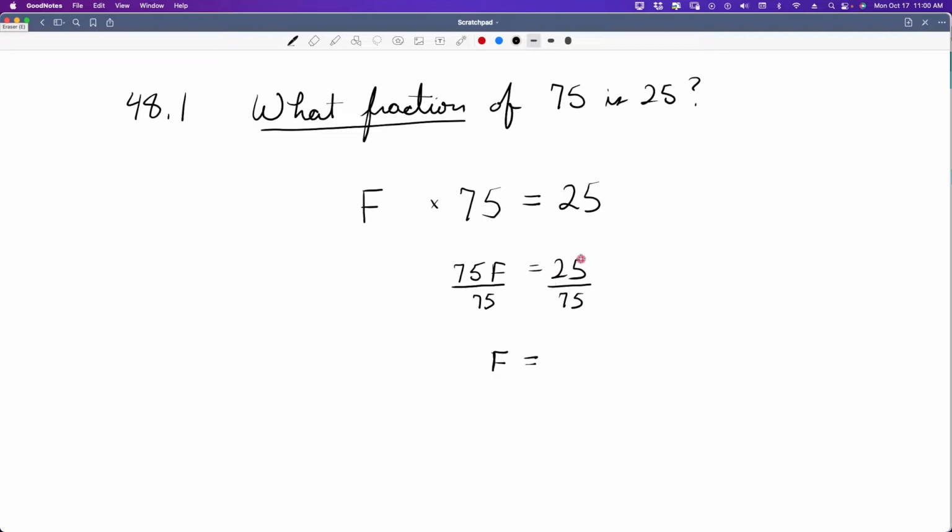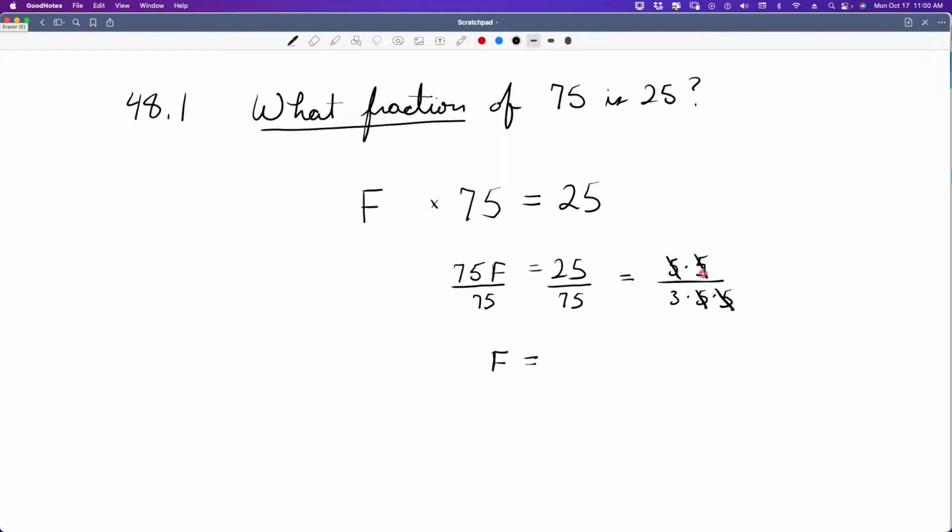And if you didn't already know that, you could factor it out. So 25 would be 5 times 5. And 75 would be 3 times 5 times 5, right? Because 5 times 5 is 25, times 3 is 75. So we're able to factor out a pair of 5s.